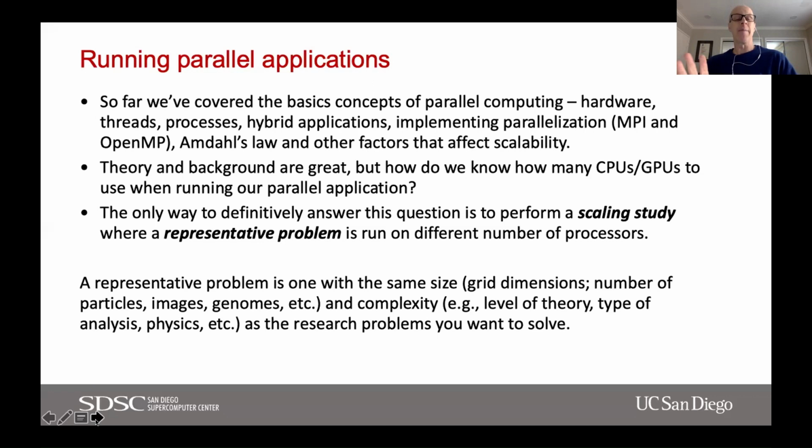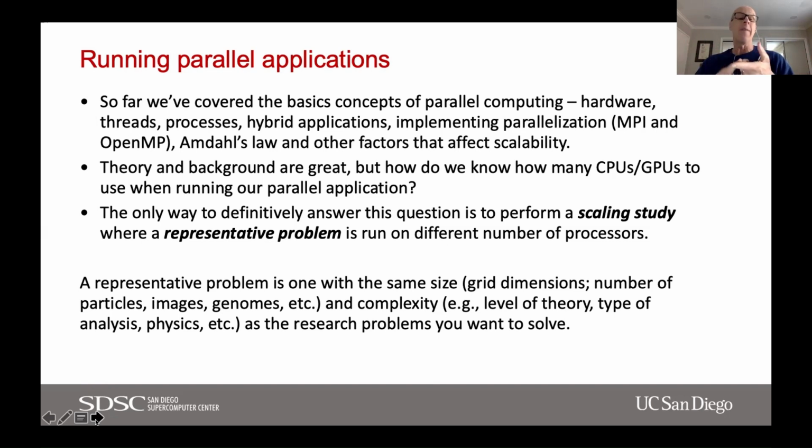And by a representative problem, I mean one with the same size, say the grid dimensions, number of particles, number of images, number of genomes, etc., and the complexity, the level of theory, the type of analysis, the physics, as the research problem you want to solve. Now, this doesn't mean that you need to run your entire production scale calculation to do the scaling study.